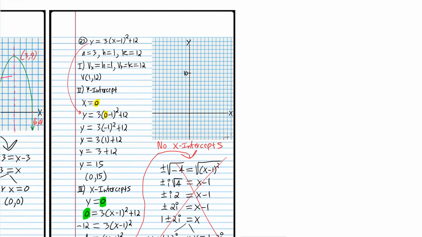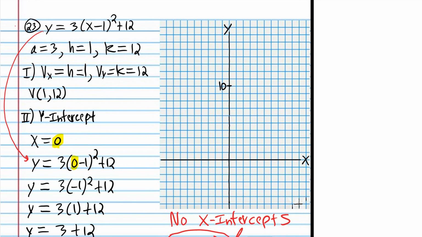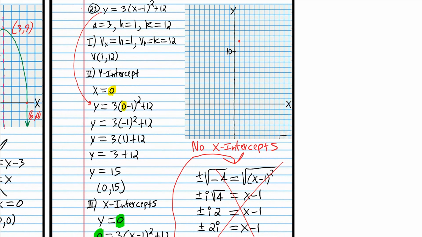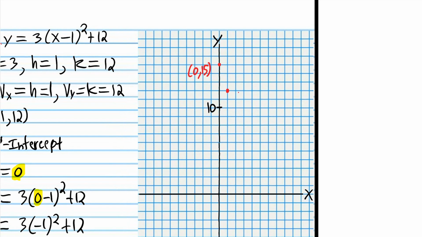So we still need to graph the parabola though. So (1, 12), that's going to be here. That's the vertex, and our y-intercept is (0, 15). So 11, 12, 13, 14, 15. And that was (1, 12).